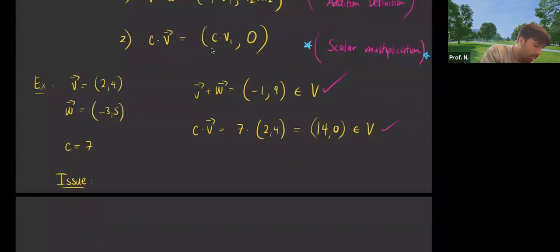What if I took 1 multiplied by V? Is this still going to be V as a result? In other words, under this operation, does the scalar multiplicative identity exist?